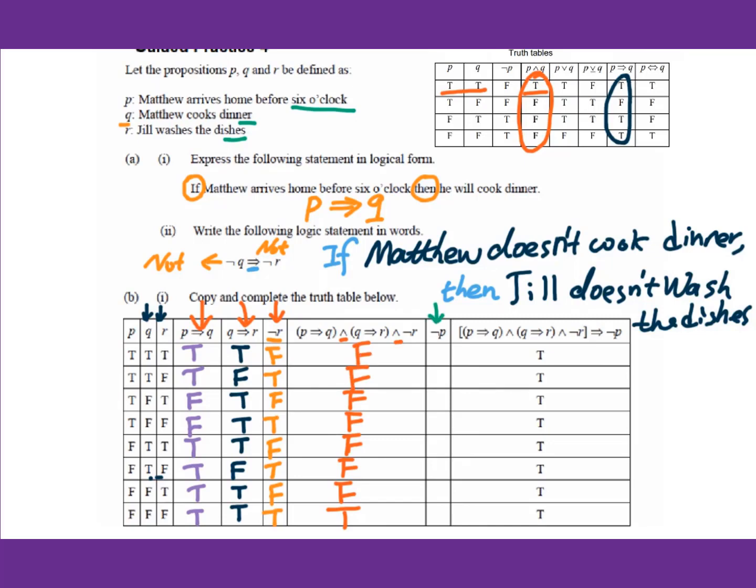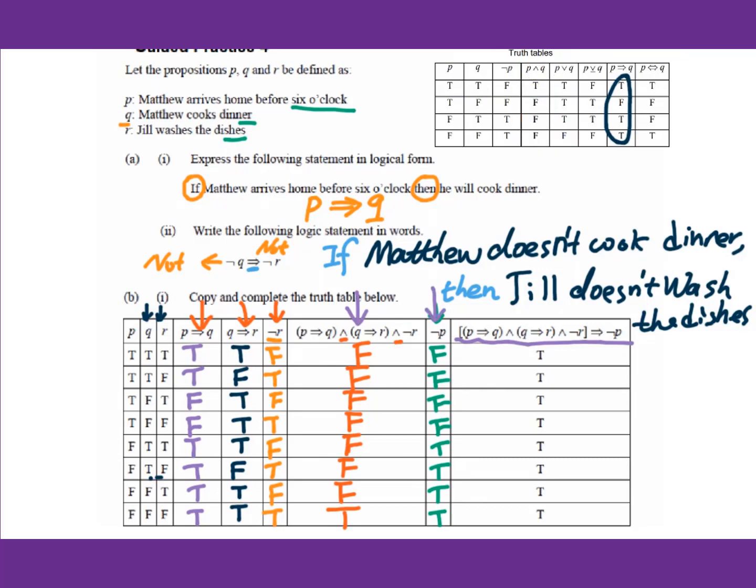Not P. That's opposite of P. So you have false, false, false, false, true, true, true, true. Then you need to check this is a true statement. We have this column and this column.